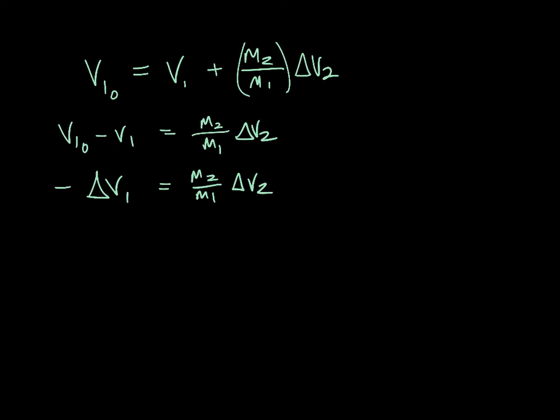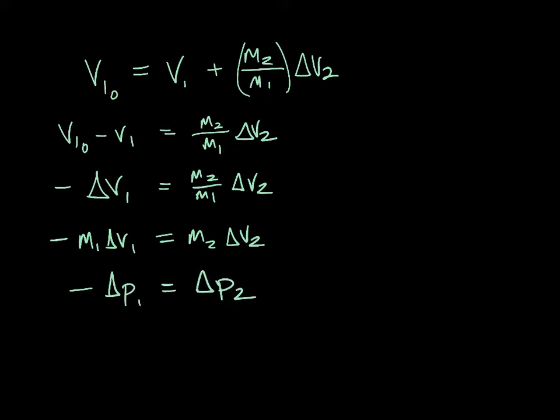This is just the impulse momentum theorem that we developed earlier, because if I bring mass 1 over here, negative mass 1 times change in speed 1 equals mass 2 times change in speed 2, which means the negative change in momentum 1 equals the change in momentum 2, which means if I add the change in momentum 1 to both sides, I get change in momentum 1 plus change in momentum 2 equals 0. I get back exactly what we had, which is unsurprising given where it came from.